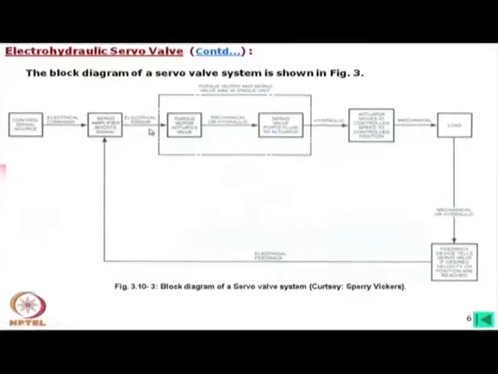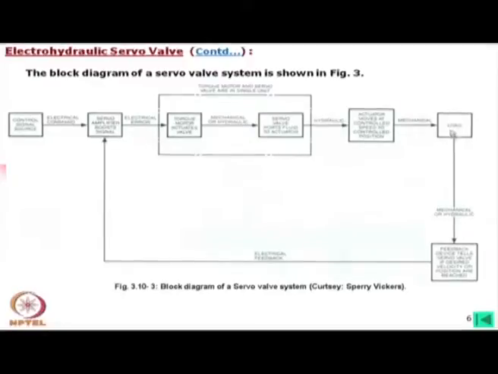From there, again some error may be there, then it goes to the torque motor, and then mechanical or hydraulic, we find the servo valve, ports, fluid to actuator, then this is again hydraulic, and then the actuator moves at controlled speed to controlled positions.